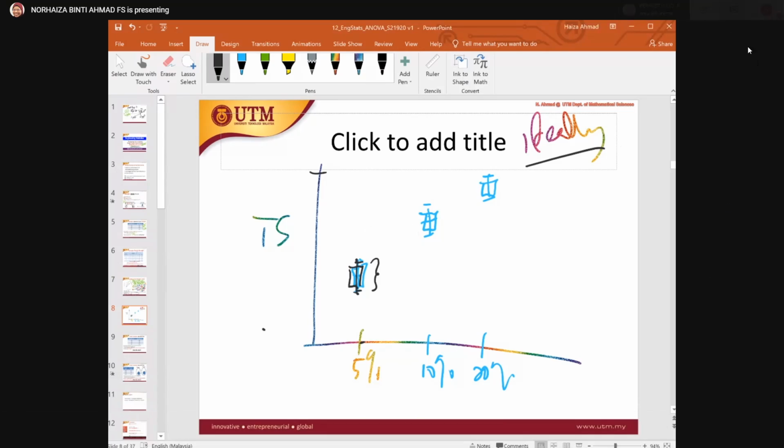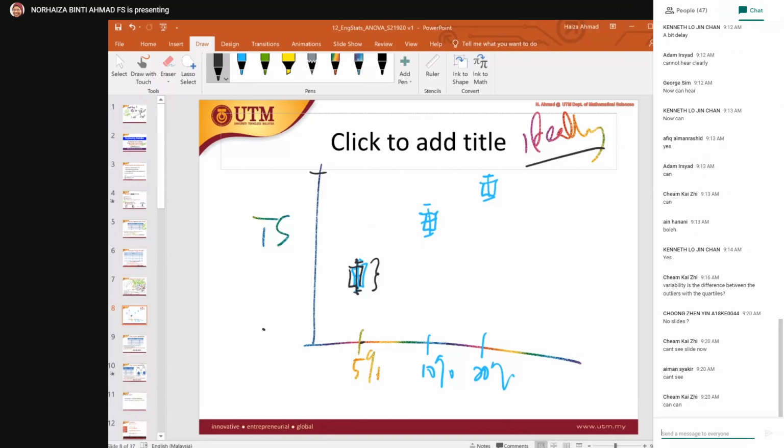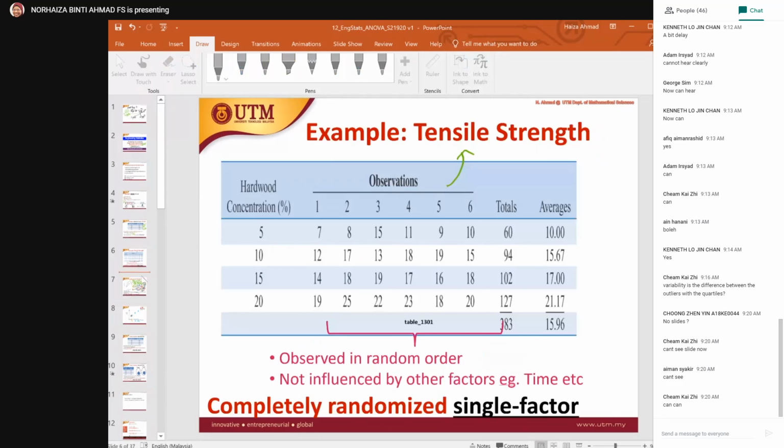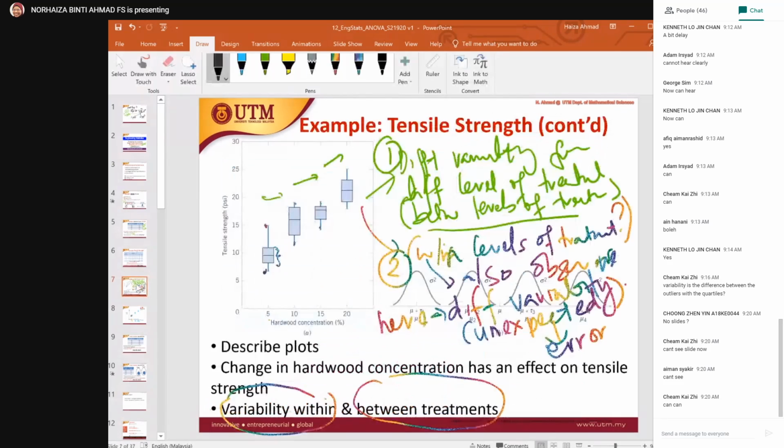So tadi Cham, you ask. So ideally, that means here you've got less variability. Variability tu patut ada because when you do an experiment, you would observe different values. I mean, dia punya value would be different, but not so much variability as you can see from this slide. Nampak sini? In this slide, you can see very much variability here.